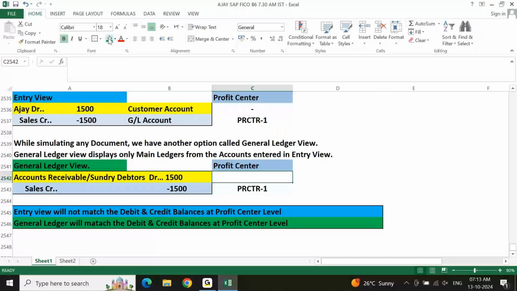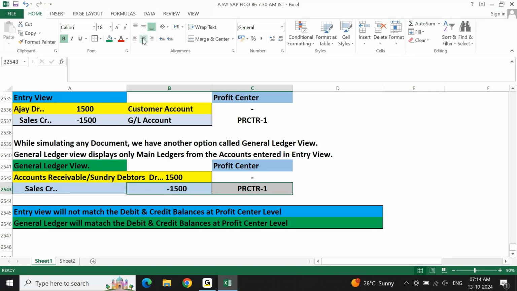Now, if I don't put a profit center here, will I be able to update the document or match the document at balance level, profit center wise? No, because profit center 1 has only a credit balance. There is no debit balance for the profit center. So profit center wise, I will not be able to balance the amount. Am I correct? Yes, sir.